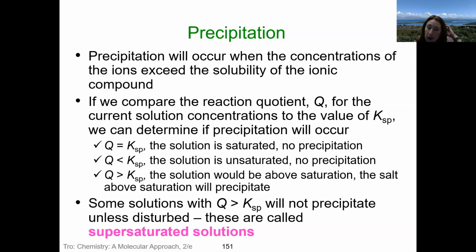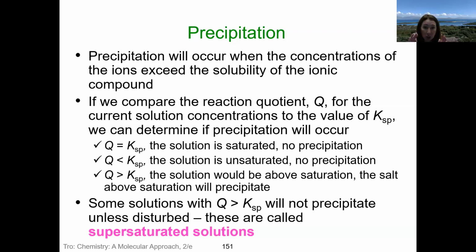So remember Q, good review for your exam. Q is just like K, it's just not at equilibrium, right? So K is at equilibrium. Q is just not at equilibrium yet. So we use Q to figure out which way we are going, right?